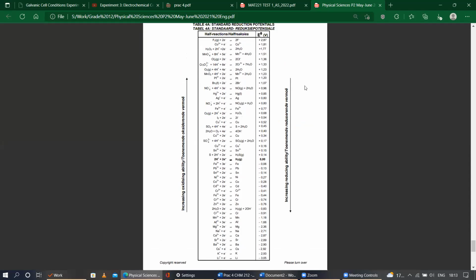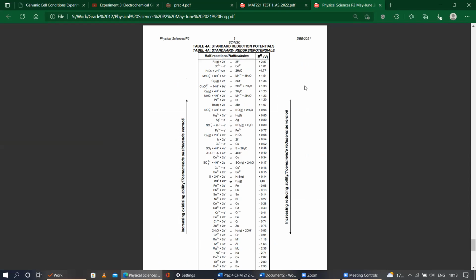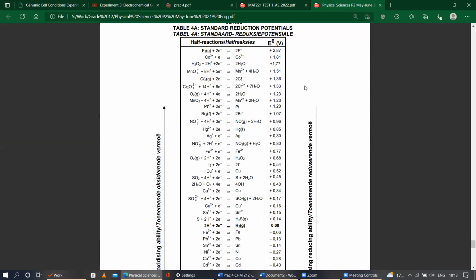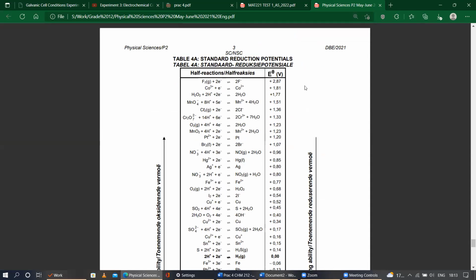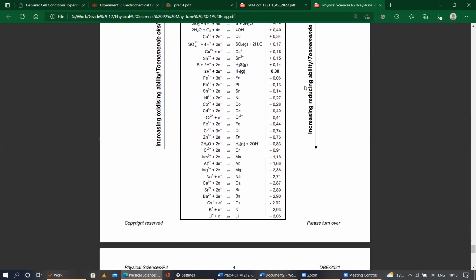Yes, sir. So basically this is the standard potential table. Every question with regards to the redox reaction and electrochemistry, you're gonna need to use this table.